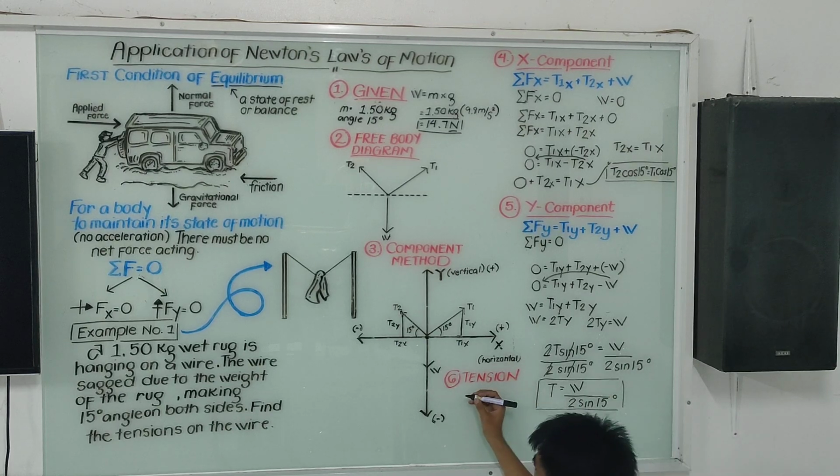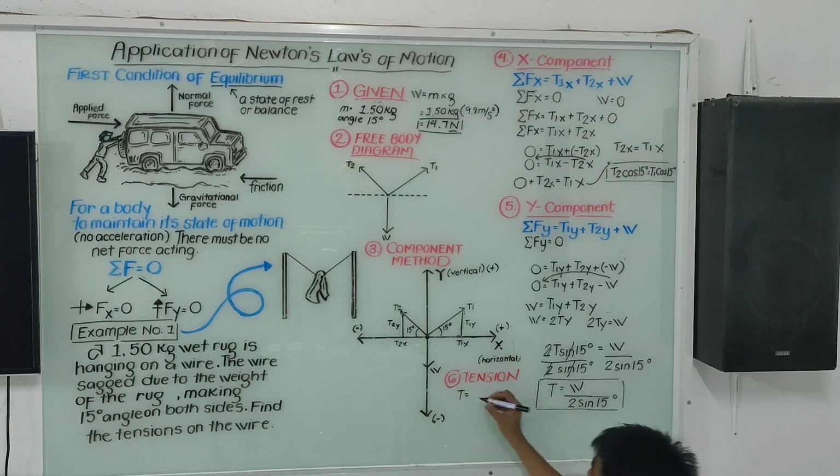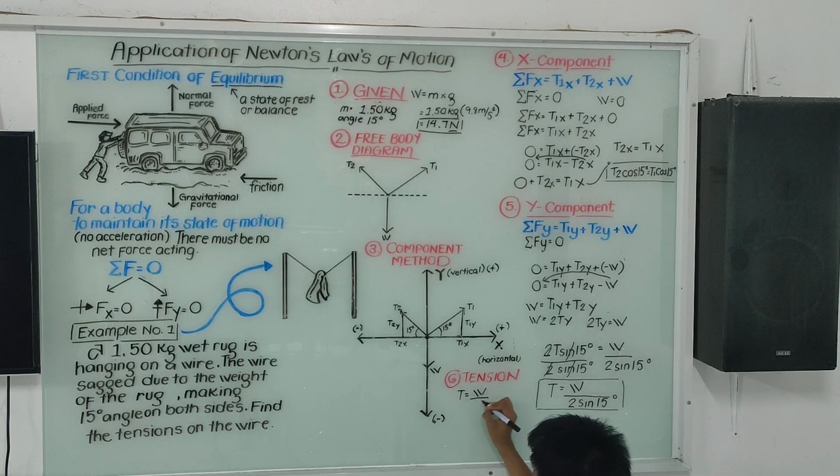Tension is equal to weight divided by 2 sine 15 degrees.